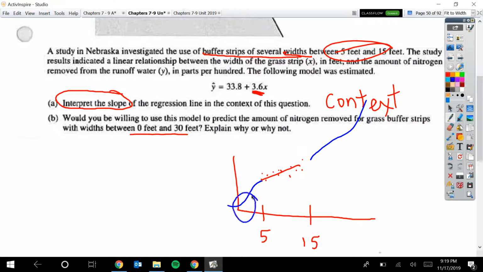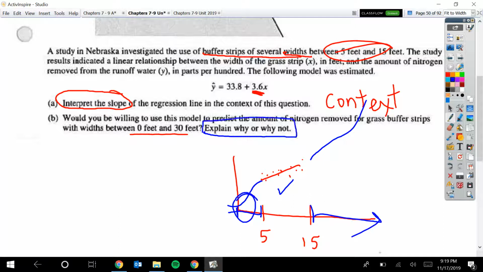So you would say, no, I would not feel comfortable predicting from 0 to 5 or outside of 15. You only feel comfortable from 5 to 15, not outside it, because of extrapolation.